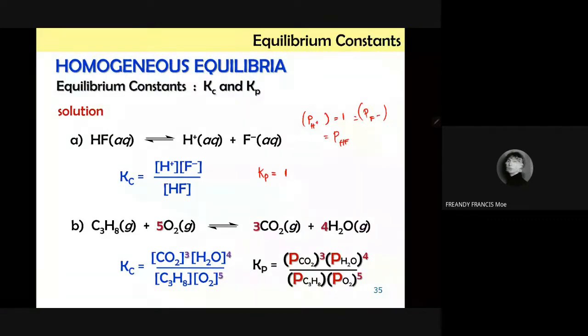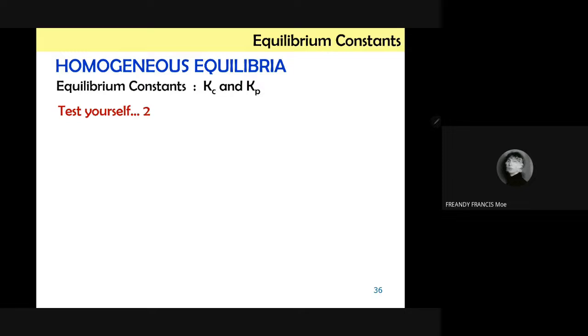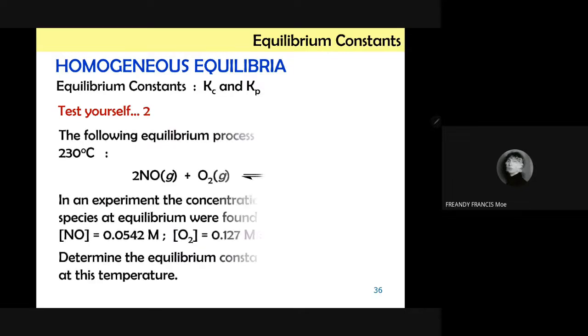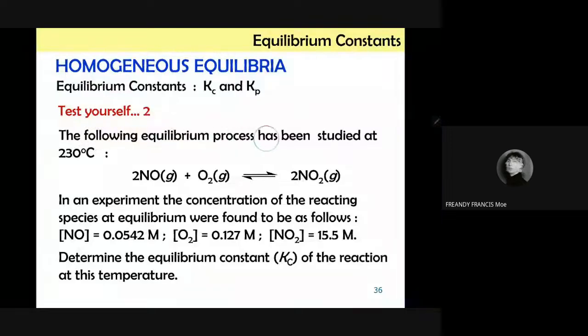Okay. So let's have a look at calculation. Now this will be the first calculation yang kita kira lah. So the following equilibrium process has been studied at 230 degrees Celsius. Di mana kita ada 2NO plus O2 forming 2NO2. In an experiment, kalau kita tengok dekat soalan ni, dia dah nyatakan suhu dia. Sentiasa dinyatakan dengan suhu.